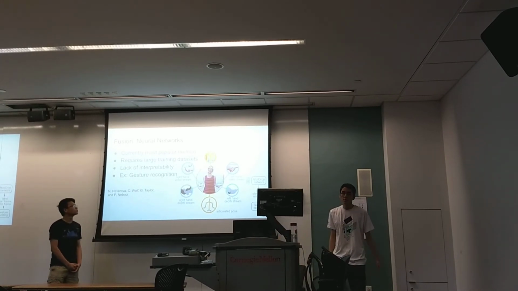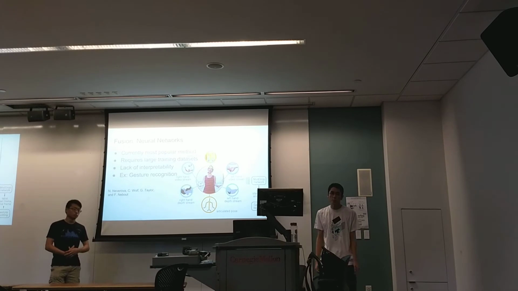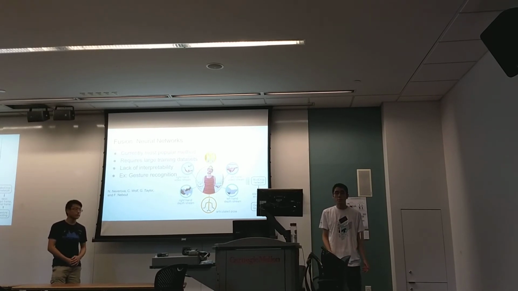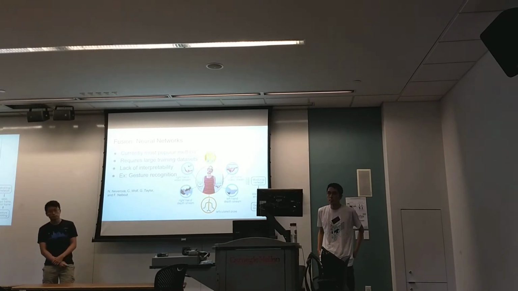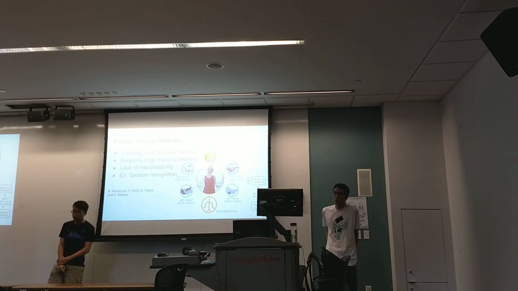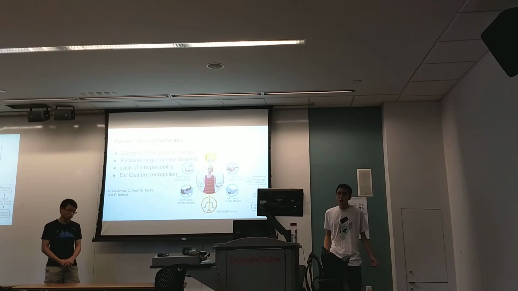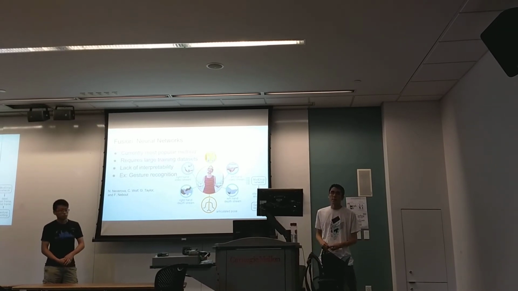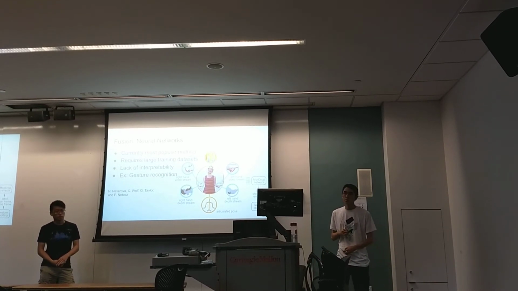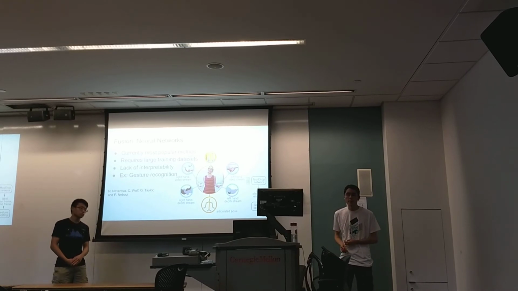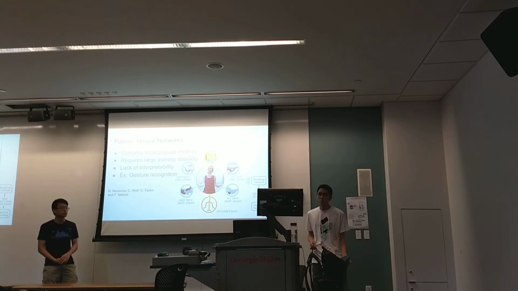And currently one of the most popular models for multimodal fusion is neural networks. The advantages of neural networks are that they can learn from very large data sets, and they can sometimes produce more complex prediction models.